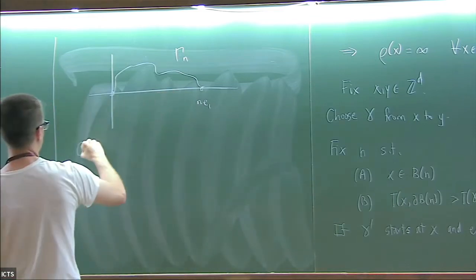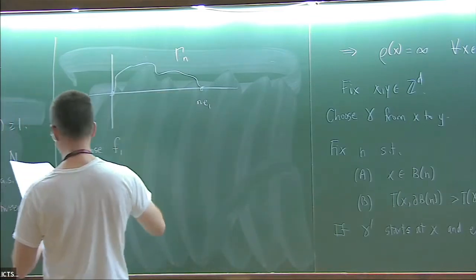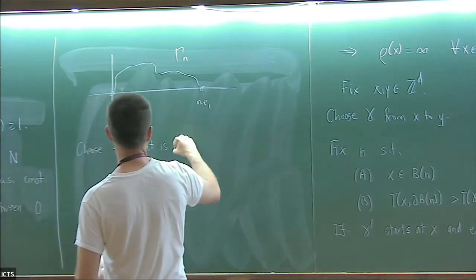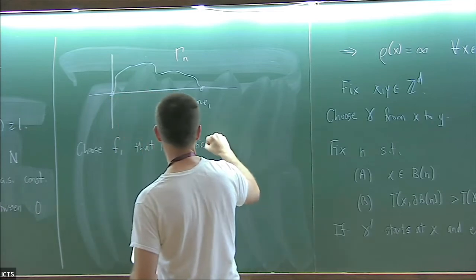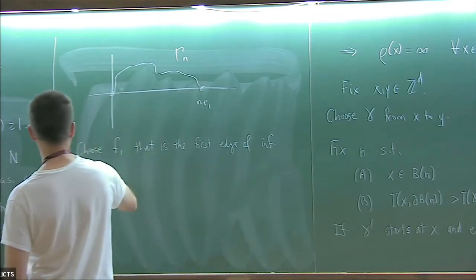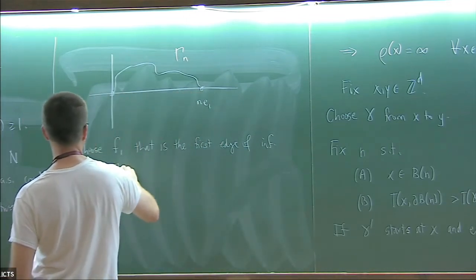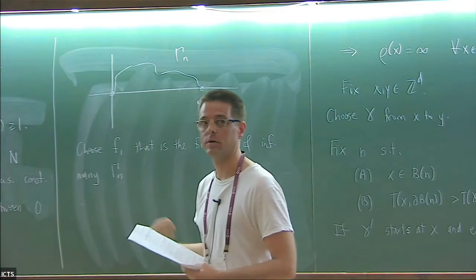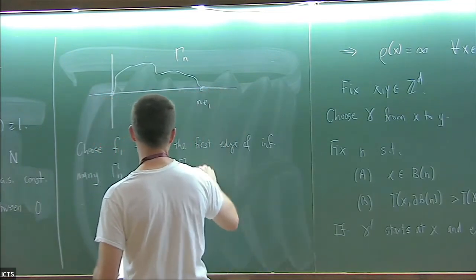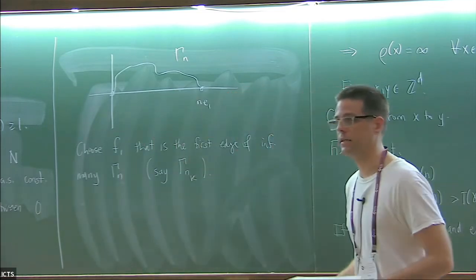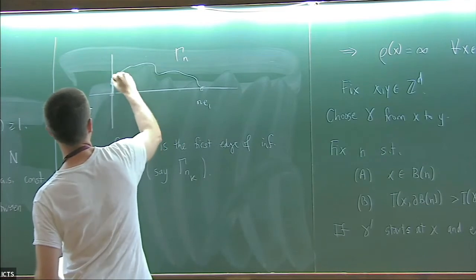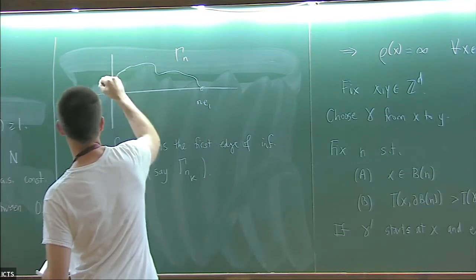So we can choose F1 that is the first edge of infinitely many of the gamma_n. Let's say we can make a subsequence, some subsequence gamma_{n_k}. They're all going to take the same first edge. So let's say they're all going up first. Here's F1.